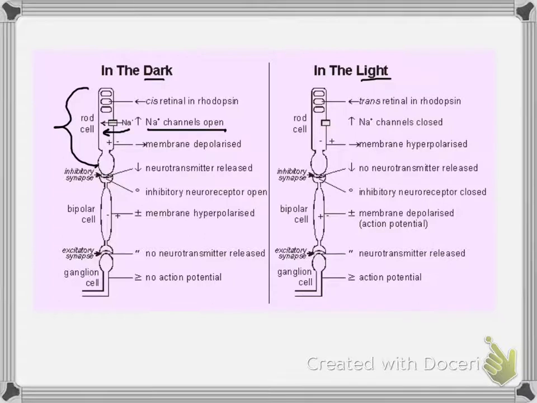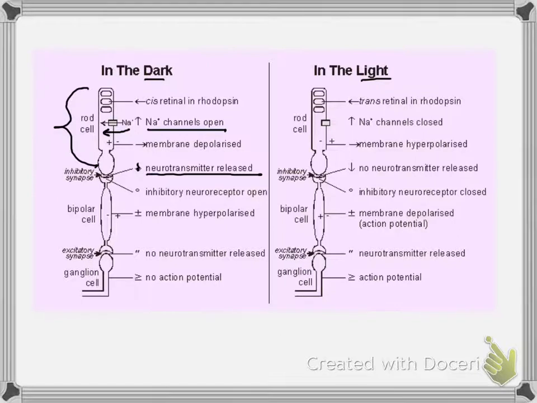Now, in this case, the action potential will eventually lead to a neurotransmitter being released. I know all these arrows are kind of confusing. You can just ignore the decrease arrow right here.